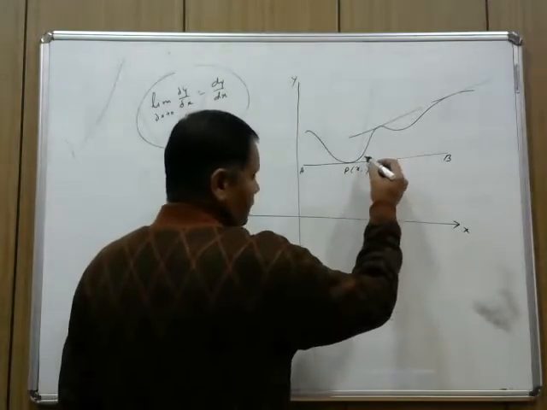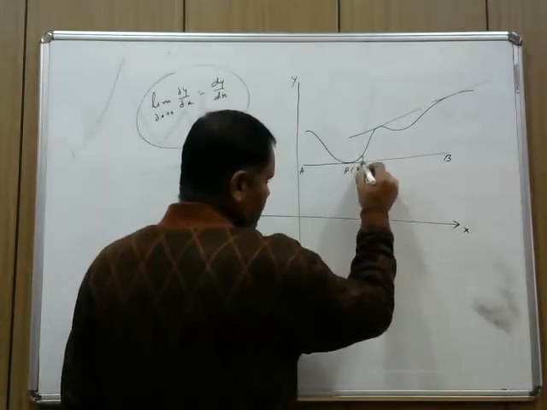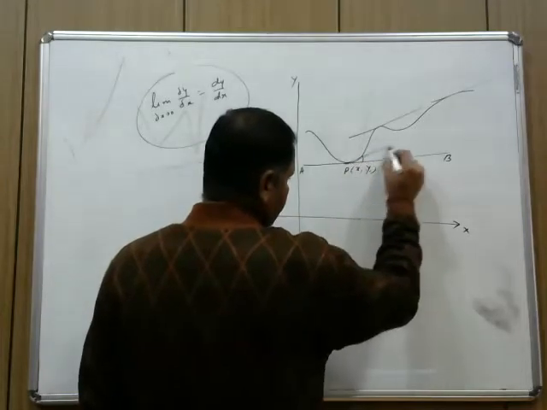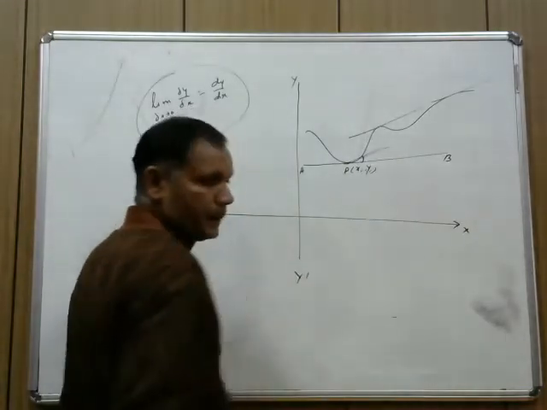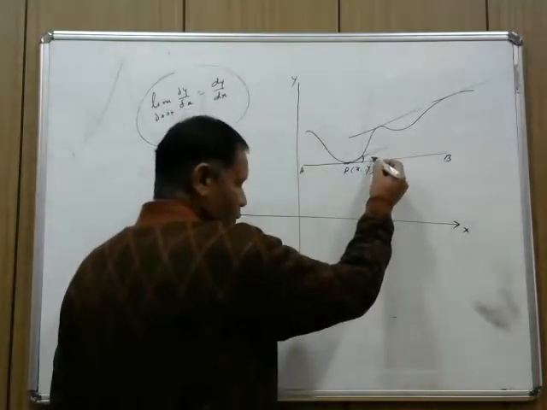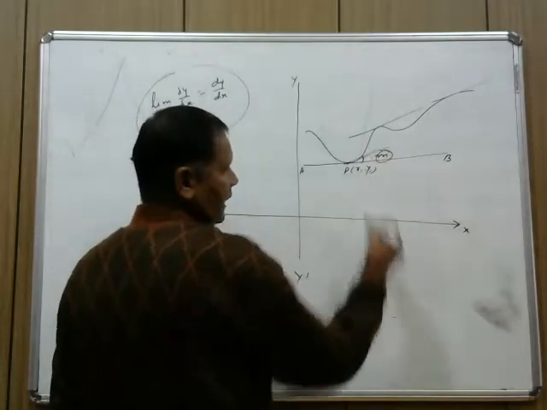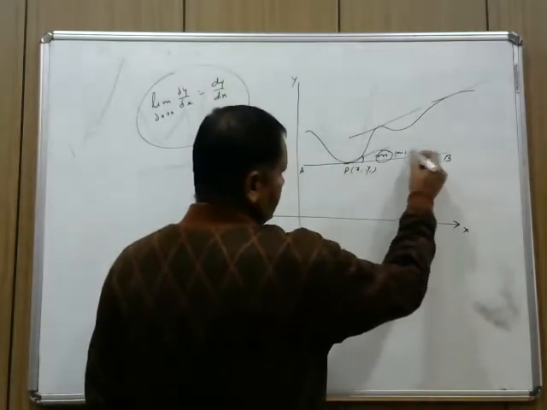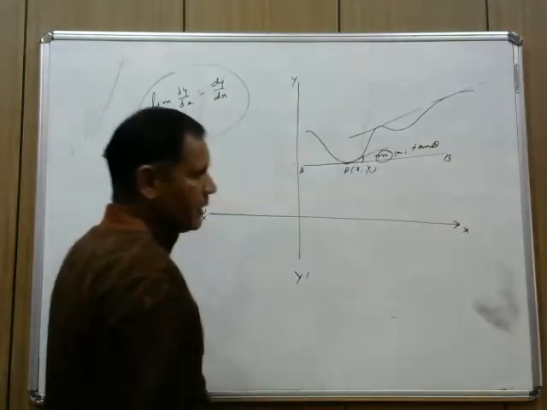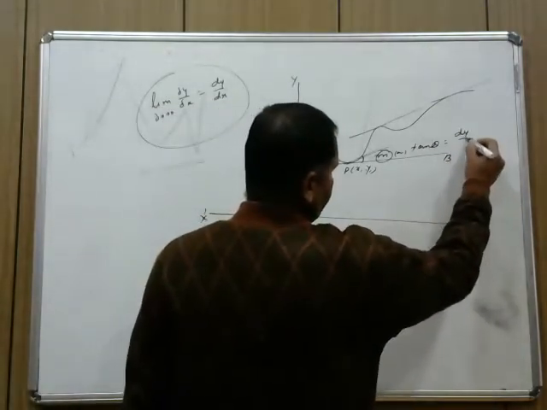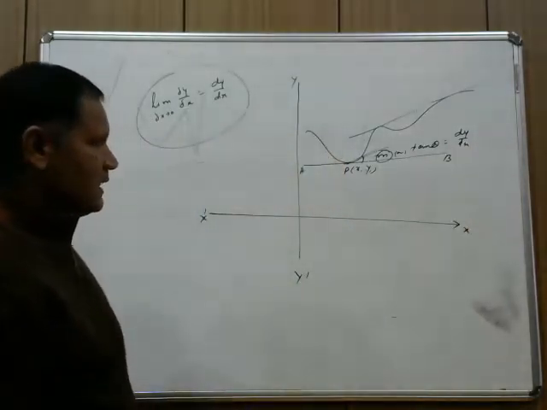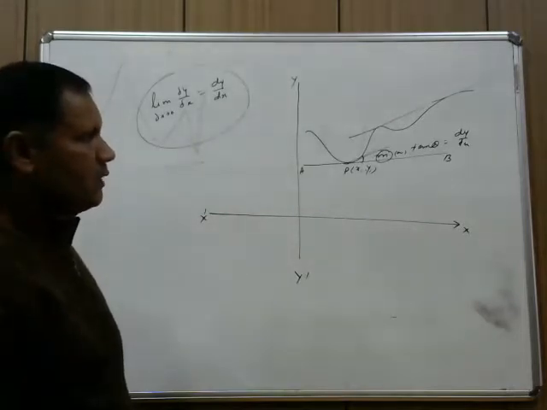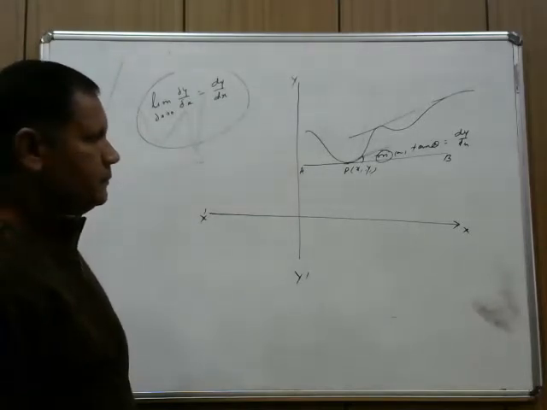Certainly there will be some angle between the curve and this line, right? That is called the slope. That means we need the slope of the line, that is called m, or we can say tan theta, or we can say dy by dx, because for any function y is equal to f of x, dy by dx is the slope of the tangent, right?